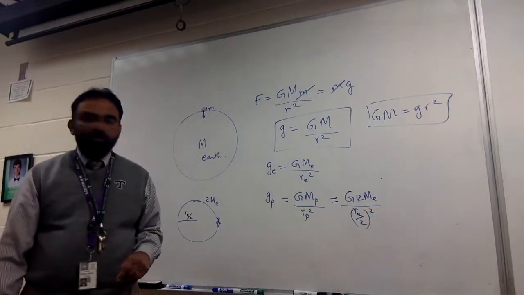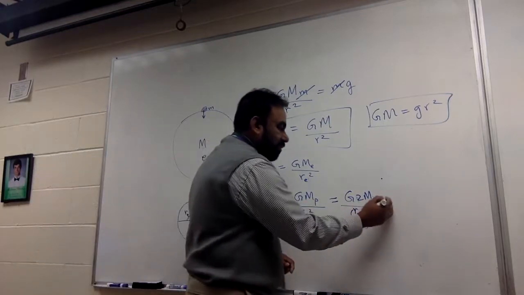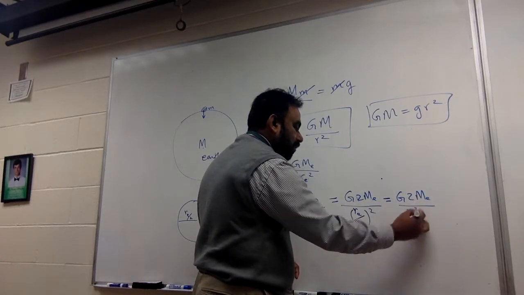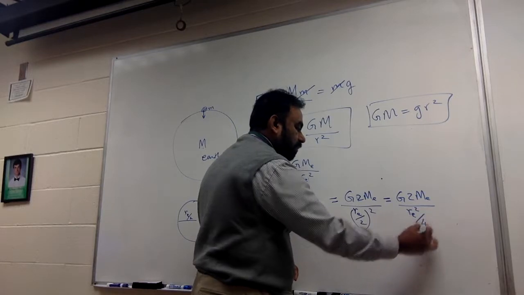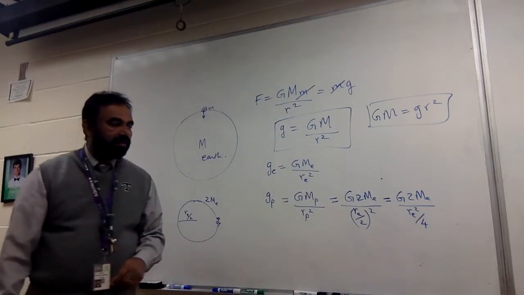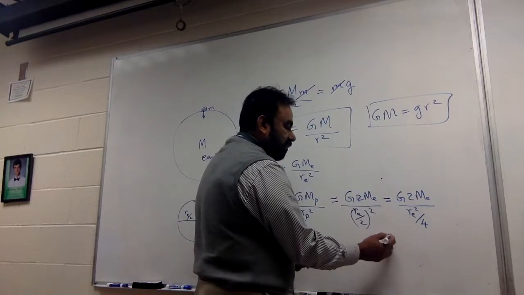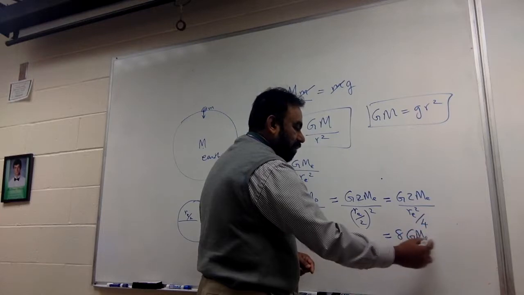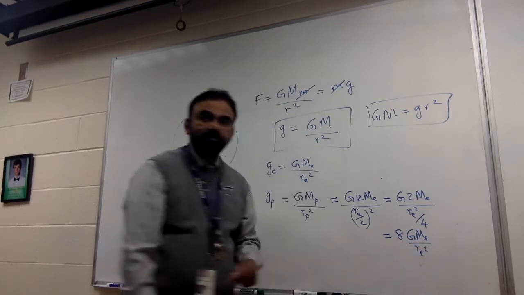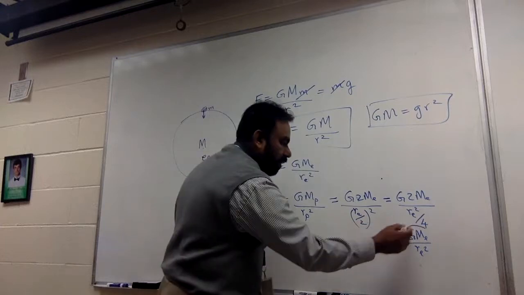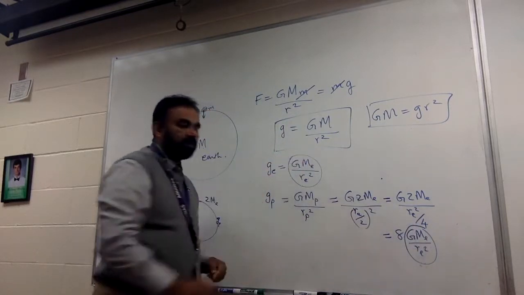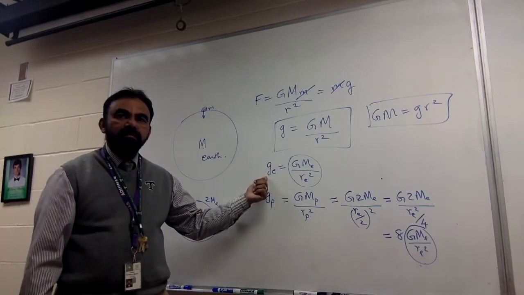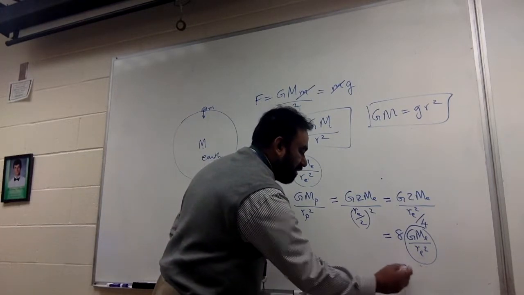Now what do you have? This is G times 2 M_E over R_E square over 4, correct? Now pushing all the numbers around, it will be 8 on the numerator, G M_E over R_E square. What is G M_E over R_E square? What is that? gE. So this means it is 8 times gE.